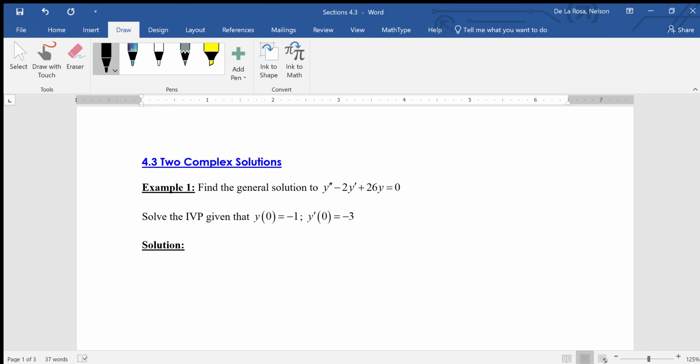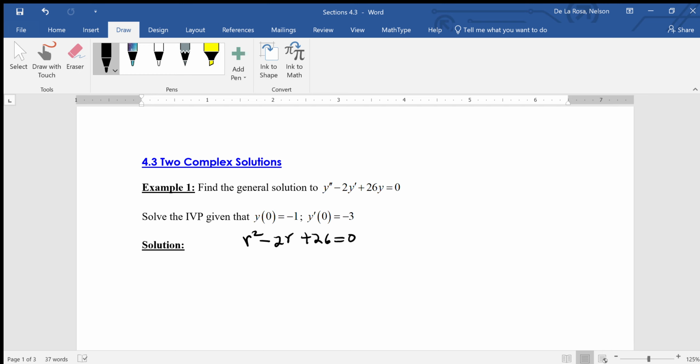To find the general solution, we need to write the auxiliary equation. The auxiliary equation for this given differential equation is going to be r squared minus 2r plus 26 equal to 0. This equation cannot be factored. It can be solved, but it cannot be factored.